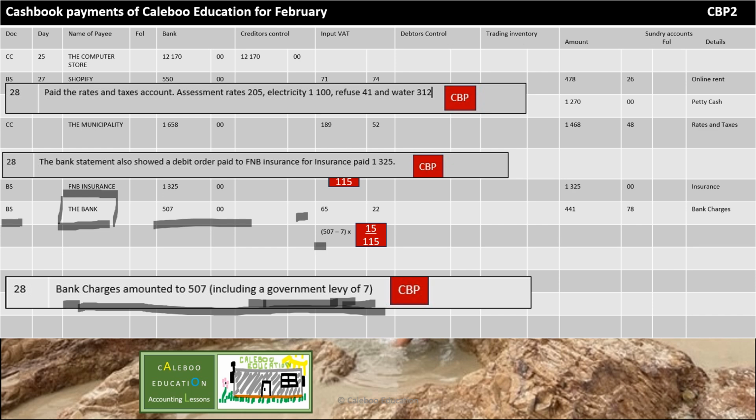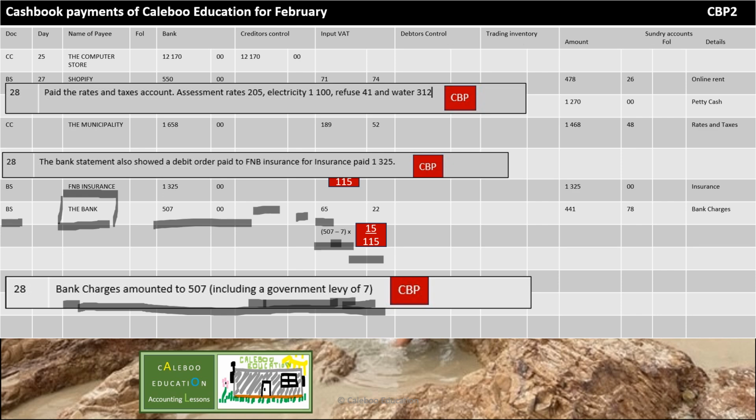So to calculate the VAT, we need to take off the government levy. So it's 507 minus 7 in brackets, because you must do that first. Remember BODMAS. That gives us 500 times 15 over 115. And therefore the input VAT is 65.22.